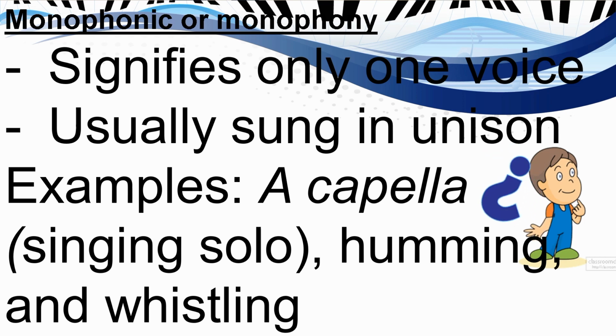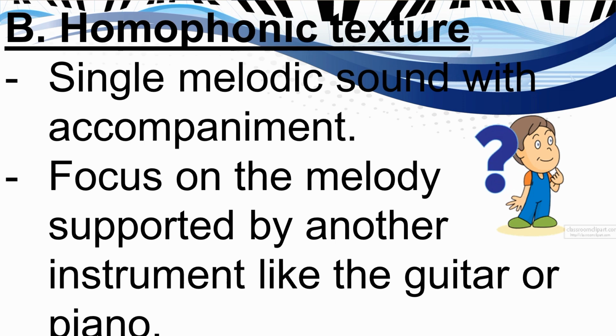Now, let's continue. So what is homophonic texture? It is said to be a single melodic sound with accompaniment. Another meaning: focus on the melody supported by another instrument like the guitar or piano. So when you sing a song with an accompaniment, that could be considered homophonic.